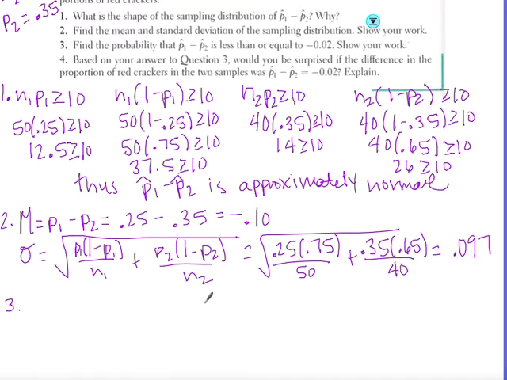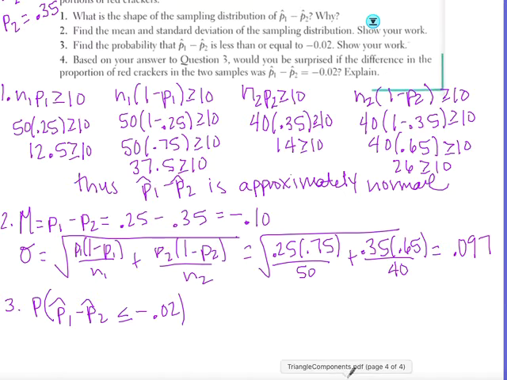Three asks us to find the probability that p hat 1 minus p hat 2 is less than or equal to negative 0.02. So what that's going to look like is this.